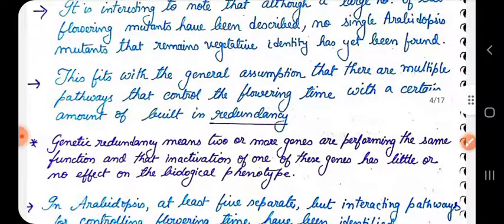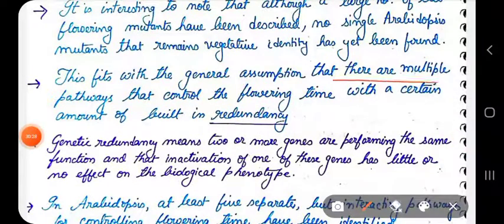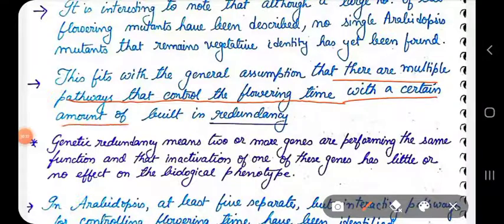Okay, it has also been said here that there are multiple pathways that control the flowering time with a certain amount of built-in redundancy. Now, what is redundancy? It is also called genetic redundancy.